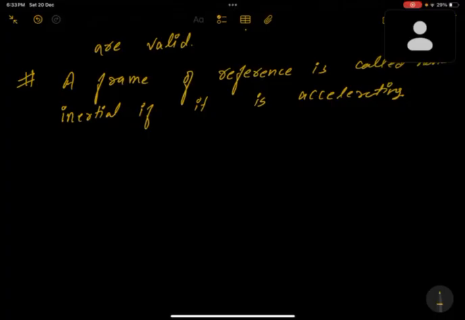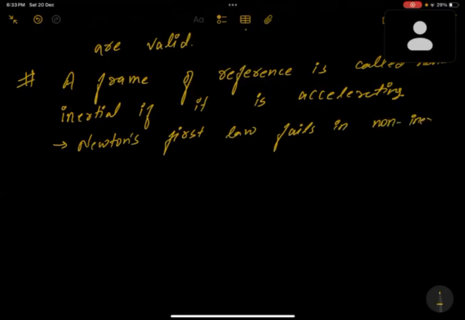So what happens in a non-inertial frame is we feel extra forces.